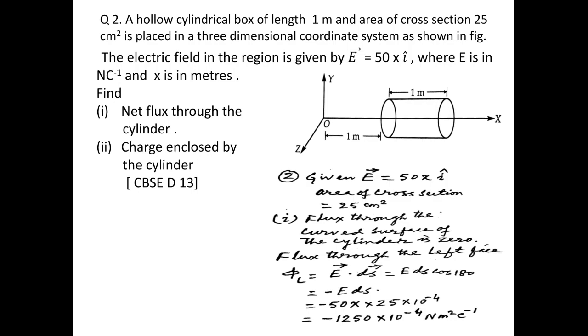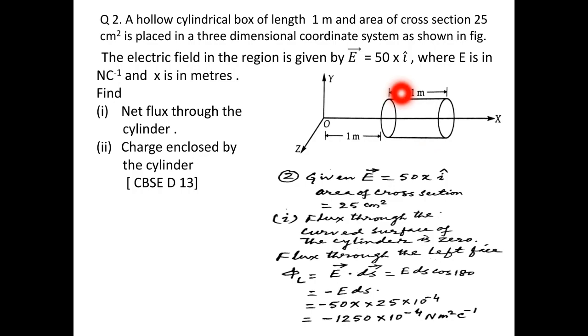So here you can see the cylinder. For the left face x equal to 1, and for the right face x equal to 2. So for the left face E equal to 50 x i and area of cross section is 25 cm square. So flux through the curved surface of the cylinder is 0.